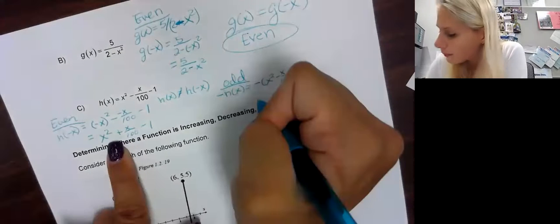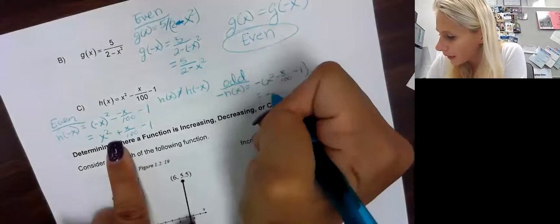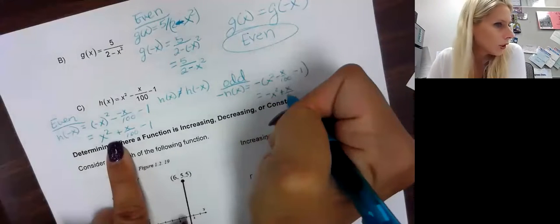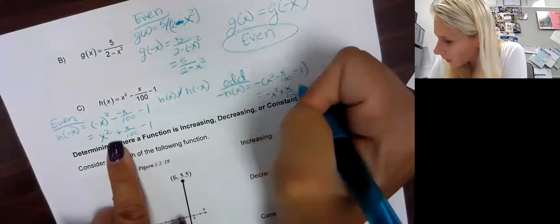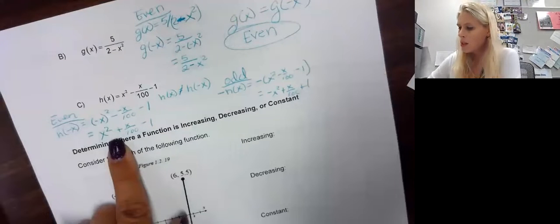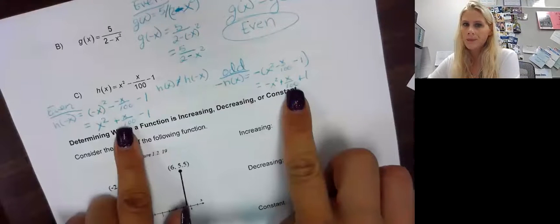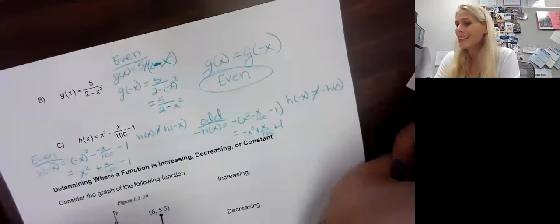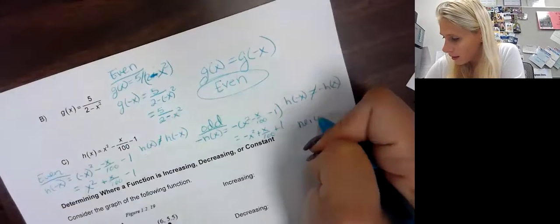So if I distribute that negative out, I get negative x squared plus x over 100 plus 1. Do these two equal? No, they don't. So h of negative x does not equal negative h of x. So that means it's not odd. Well, if it's not even and it's not odd, it must be neither.